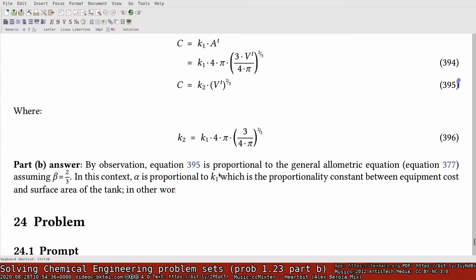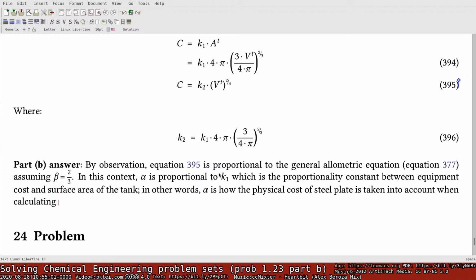In other words, alpha encodes how the physical cost of steel plate is taken into account when calculating equipment cost.